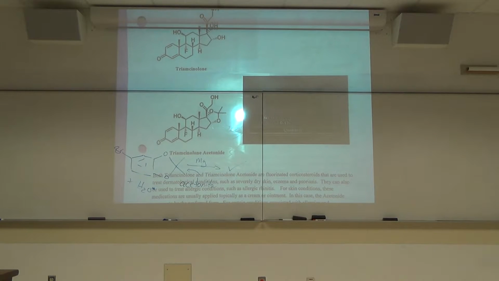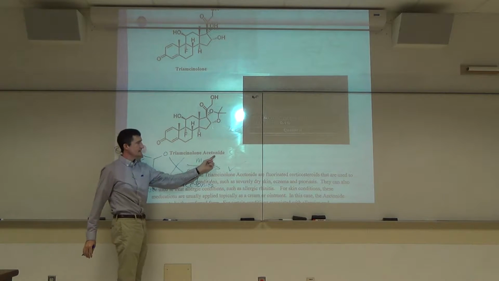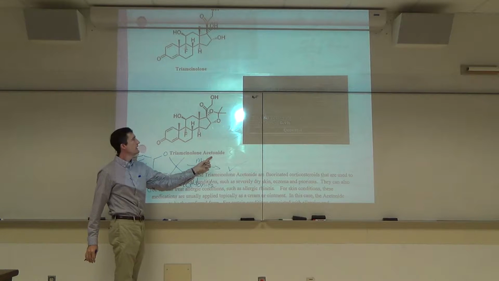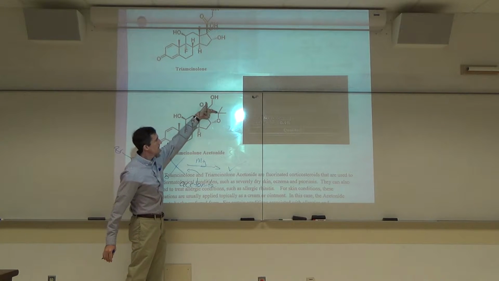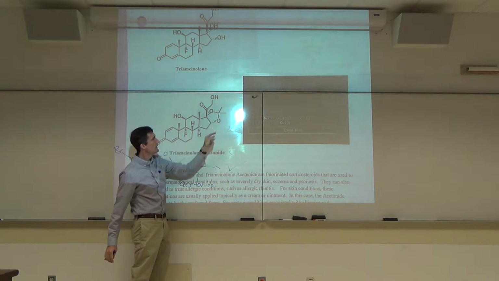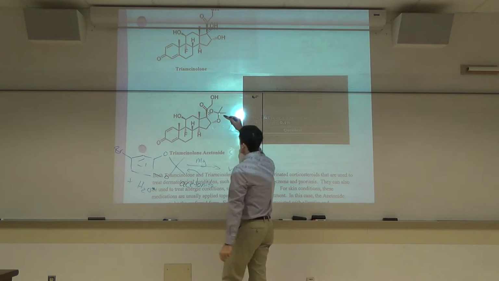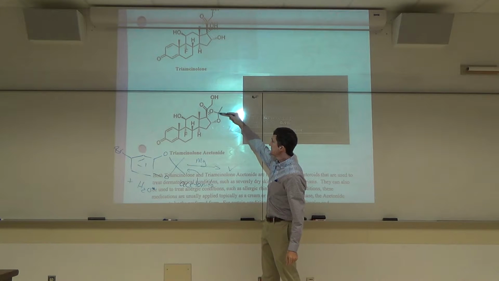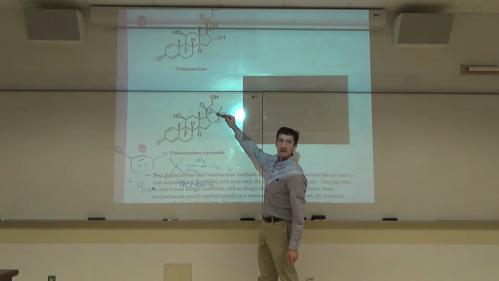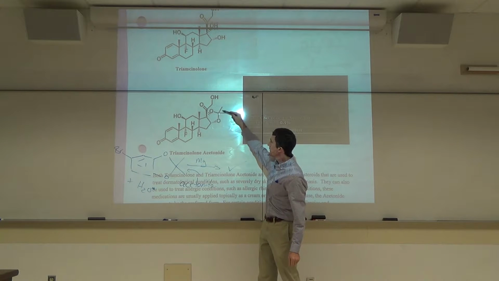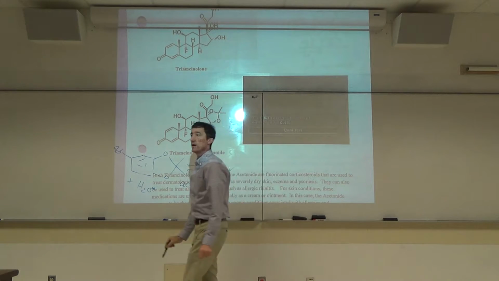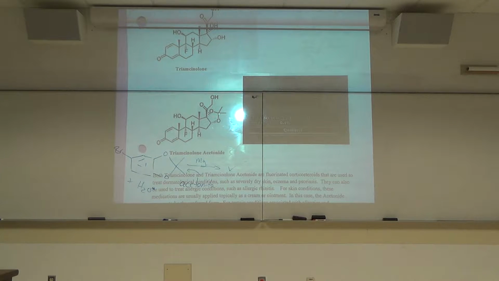But this down here is triamcinolone acetonide. That's because here the diol is converted to an acetal. And you see the acetone that used to be there? Cleave this back, you'll get the diol plus what? Plus acetone. You've got to be able to see that. Okay?